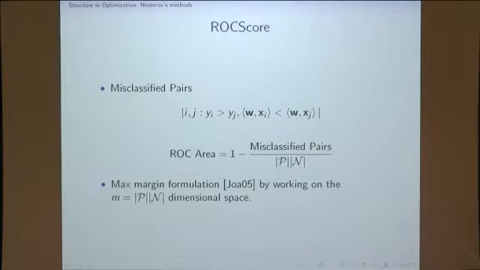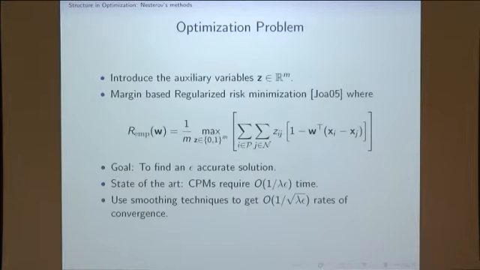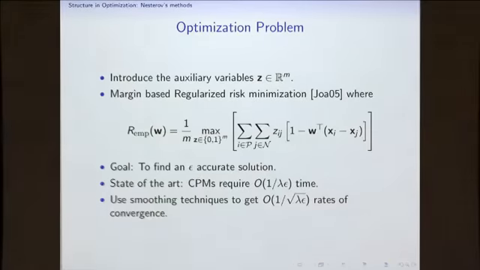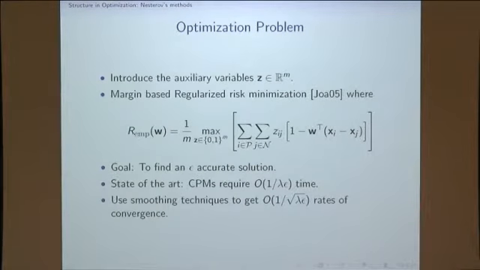Thorsten Joachims had a very famous paper looking at a max margin formulation for optimizing such multivariate scores. He defined measures in a product space, the product space of xi's and xj's. The idea was you introduce auxiliary variables z in this product space, and you define a margin-based empirical risk.